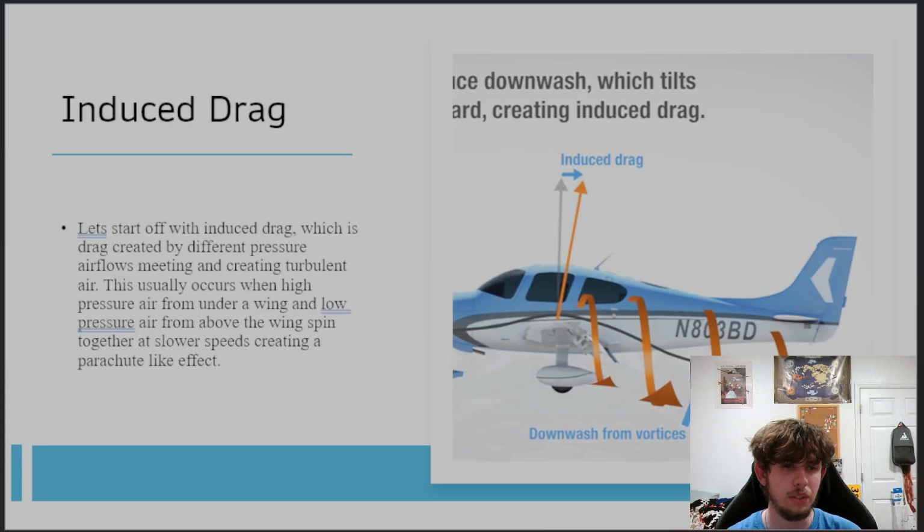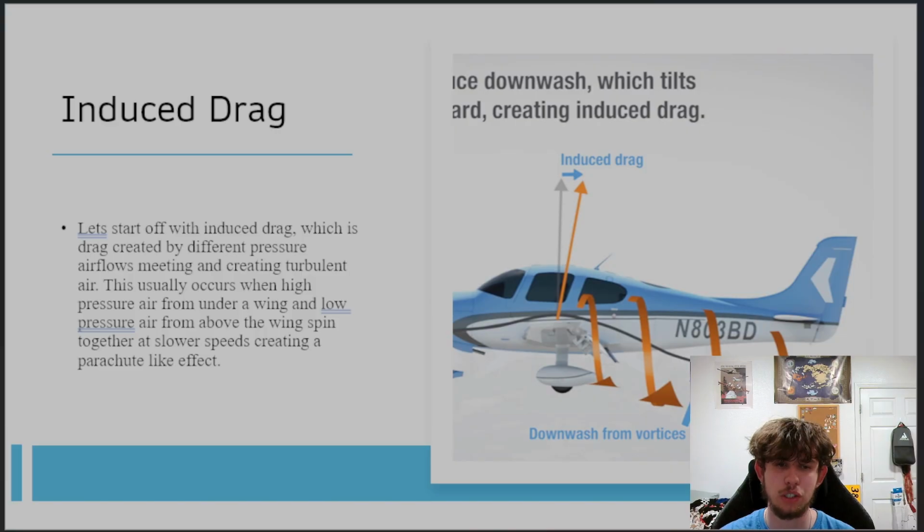First, we'll start with induced drag. Induced drag is created by differential pressure. As air travels faster over the top surface of the wing, it is a lower pressure than the air traveling on the bottom surface of the wing, which is higher pressure. As they meet, they sort of slam together and spiral off the wingtips of an aircraft.